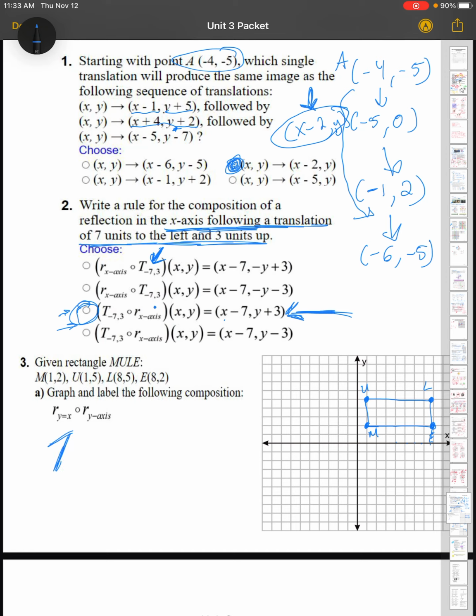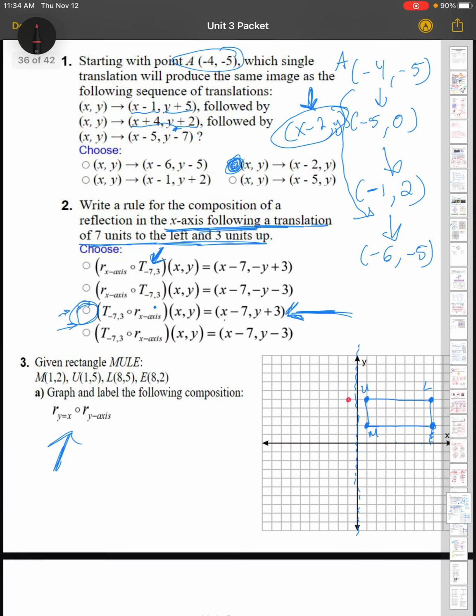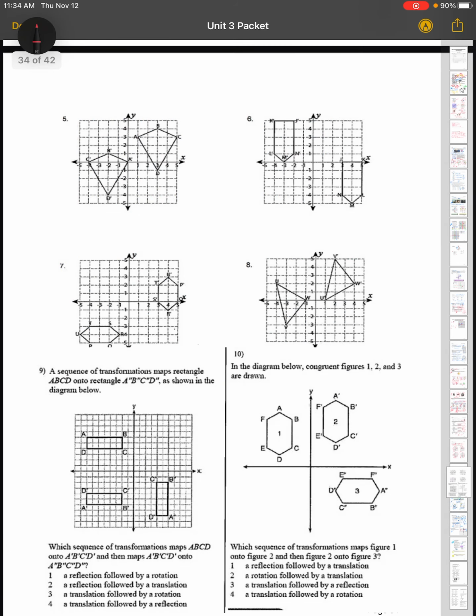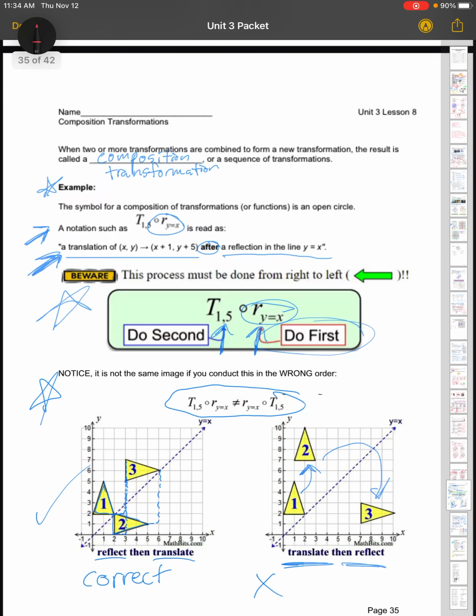And now down here, we are doing a composition. We're first reflecting over the y-axis here. So let's go ahead and do that. Reflect over the y. If I did that, I would get these points here now. Let's see how far we have to go. 1, 2, 3, 4, 5, 6, 7. There and there.